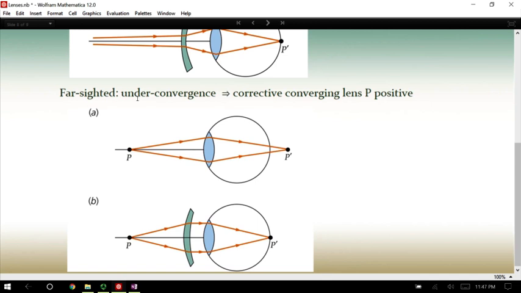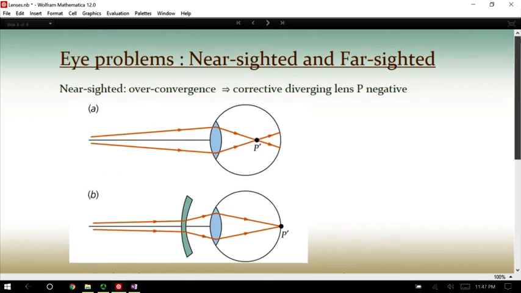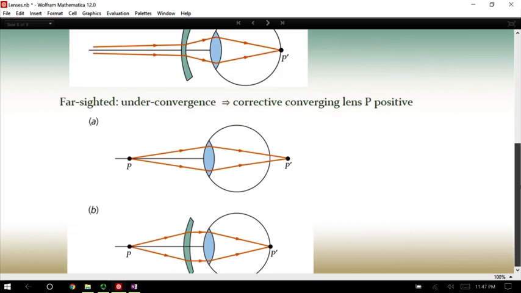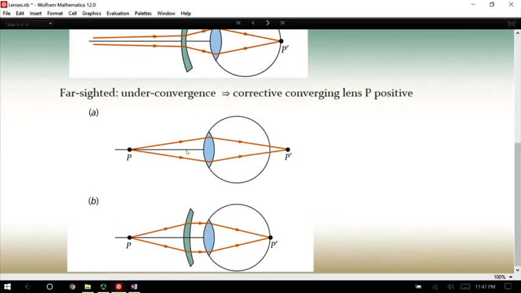The far-sighted example is just the opposite. A far-sighted person can see very well far away, but they can't see things that are near, which means that their near point has now moved further away. So what happened with the nearsighted person is that their far point moved closer. For the far-sighted person, the near point moved further away. So now the eye is under converging, and hence after encountering the eye lens, the rays of light that were coming from a near point are focusing somewhere behind the retina.